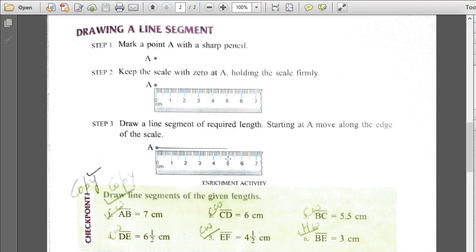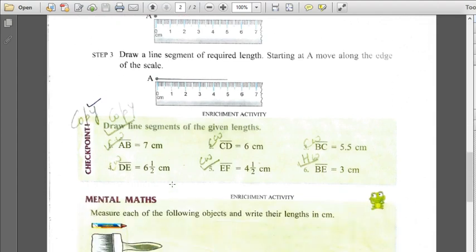See, it is shown that here a line segment of 5 centimeter has to be drawn. So here we will put point B. Starting at point A, move along the edge of the scale. Starting from A, which is at 0, we will draw a line to point B, that is at 5 centimeter. These are the steps we have to follow for drawing a line segment.